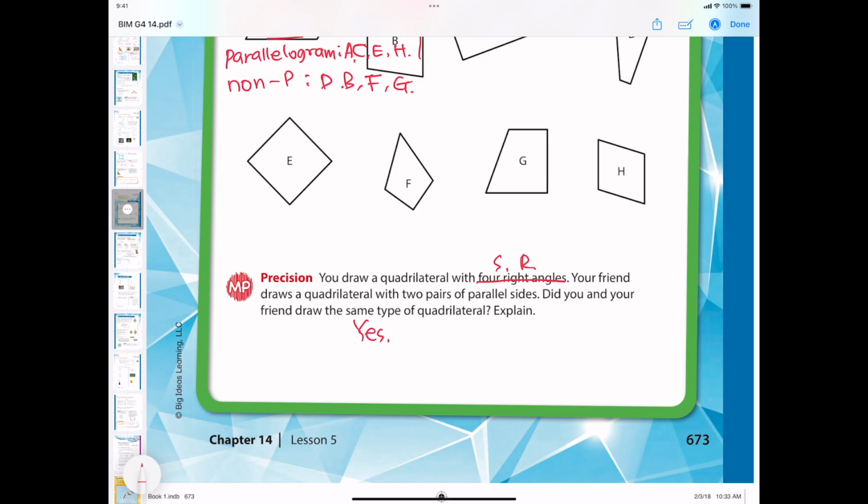If you are talking about the angles, maybe not. But when you think about the parallel sides, two pairs of parallel sides, and then for right angles, square and rectangle also have two pairs of parallel sides. So they draw this what? They draw a parallelogram. Yes, both draw the parallelogram.